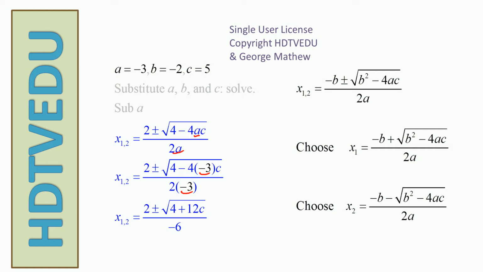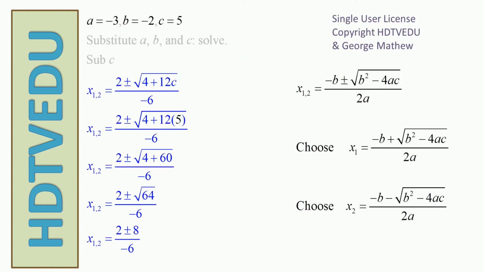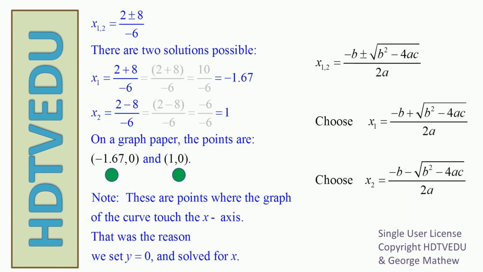Do not forget, negative 4 times negative 3 is positive 12. Now we substitute c. And what is c? c is equal to 5. And what is 12 times 5? 60. So you get 2 plus or minus square root of 64 divided by negative 6, or 2 plus or minus 8 divided by negative 6.